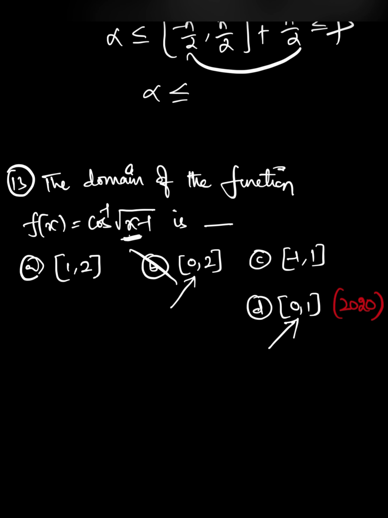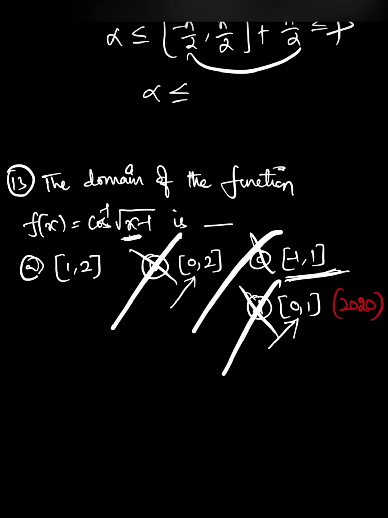Root doesn't accept negative, so these two are eliminated. This is the best way to solve: the elimination method. Next, between minus 1 and 1 there is also 0. If I substitute 0, I will get negative. So these three options are wrong. Ultimately, without solving the question, the option is the closed interval 1 comma 2.